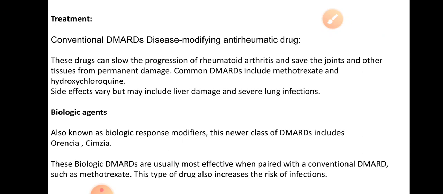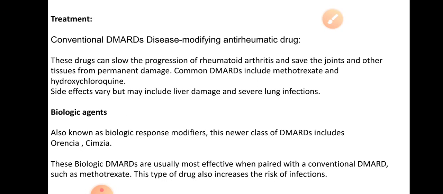Next is conventional DMARDs, that is, disease-modifying antirheumatic drugs. These drugs can slow the progression of rheumatoid arthritis and save the joints and other tissues from permanent damage. Common DMARDs include methotrexate and hydroxychloroquine. Side effects vary but may include liver damage and severe lung infections.